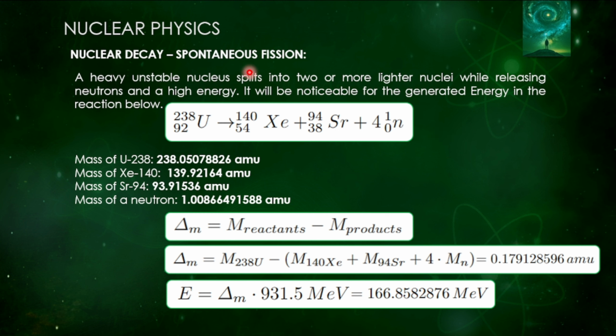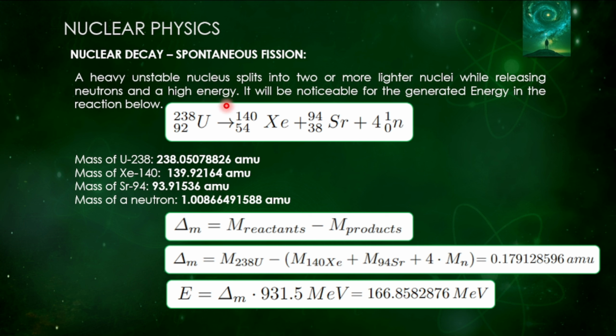Spontaneous fission is when an unstable, very heavy nucleus splits into two or more lighter nuclei while releasing neutrons and very high energy. But here we're not talking about nuclear fission that is triggered by the bombardment of a neutron.